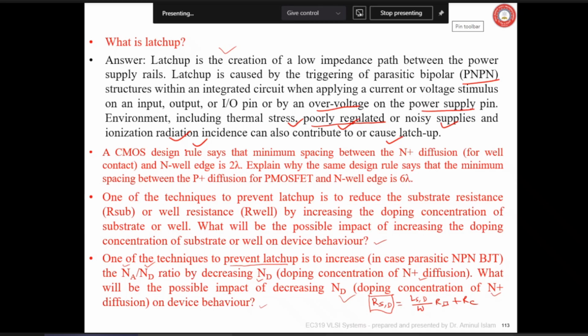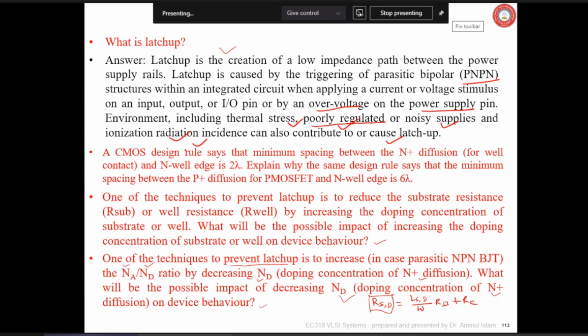And if an alpha particle or cosmic ray or heavy ions strike near the node, then those energetic particles strike the substrate and create electron-hole pairs.